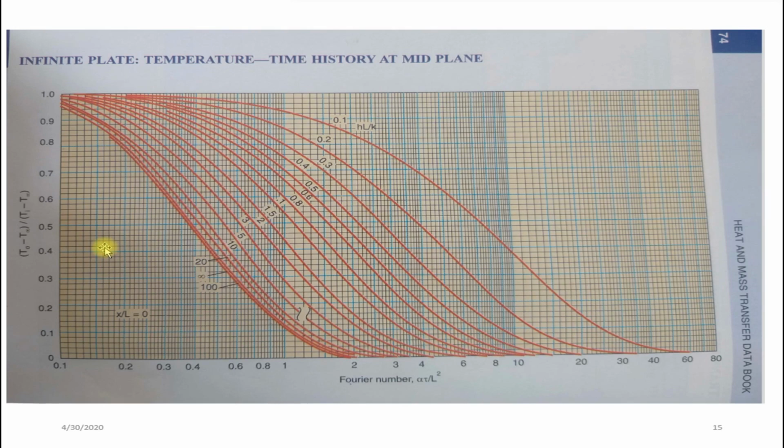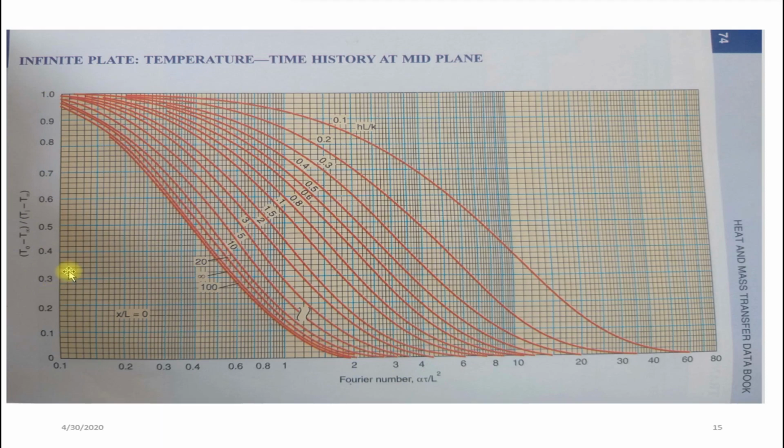In the y-axis is T0 minus T infinity divided by Ti minus T infinity. T0 is the center line temperature that we have to find, T infinity is the ambient temperature, which we have used as Ta, and Ti is the initial temperature. So with the help of the Fourier number and Biot number, we have to find the y-axis value.